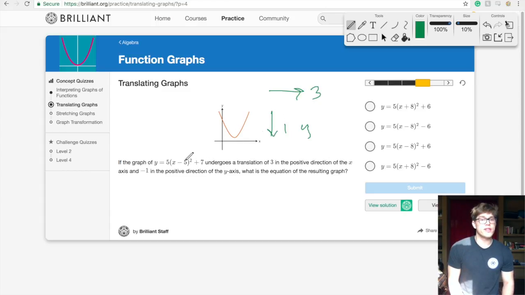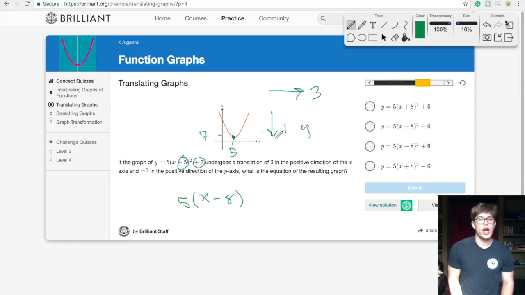Well, we can see that we're initially at what coordinate point for this bottom part of our parabola? We're at 5 and 7. As this is a 5 here, this is a minus 5 here, and this is a positive 7. So if we're going to go 3 more units to the right, our function's going to change to 5 times x minus 8.